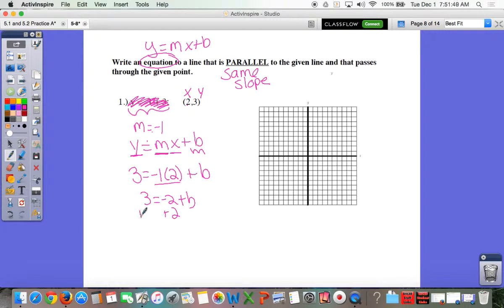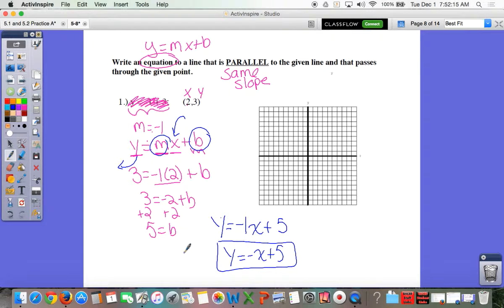Add your 2, add your 2. 5 equals b. Your final step, you have to write your final equation, putting numbers in for m and for b, because remember, you always have to have an input, you always have to have an output. So you have y equals -1x plus 5. An even better way to write it would be y equals -x plus 5.